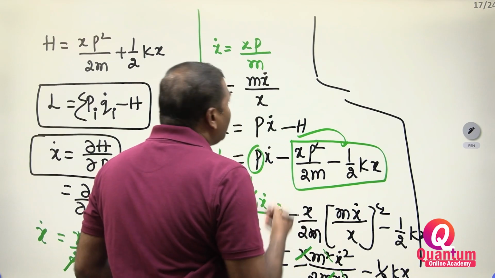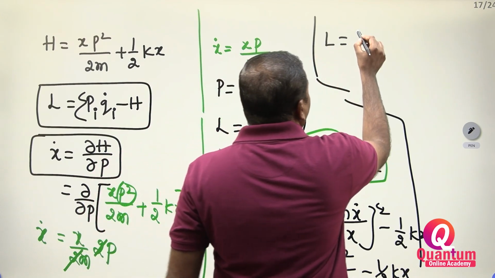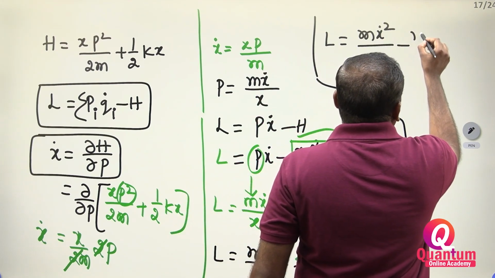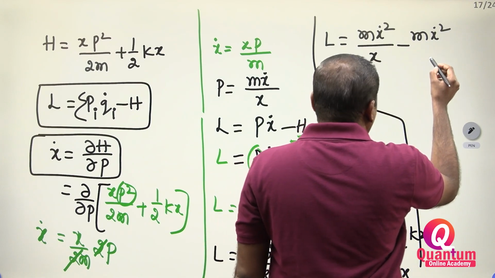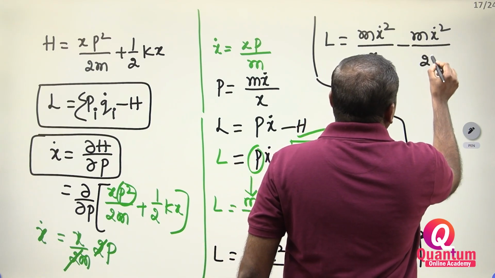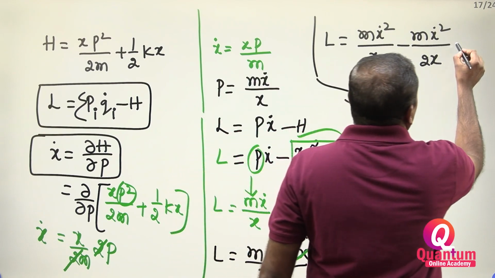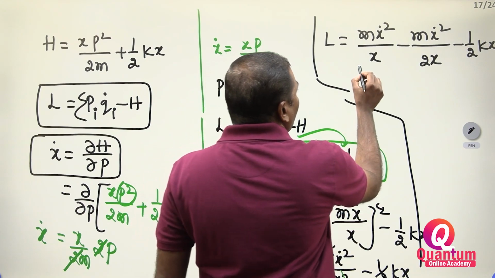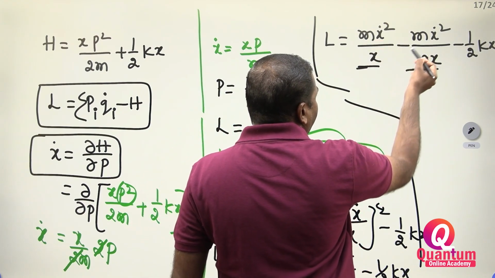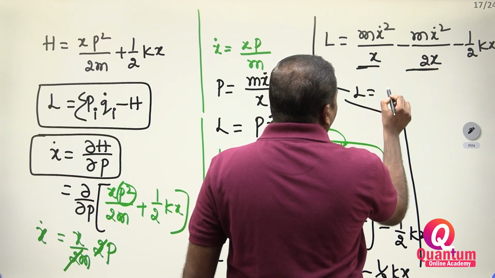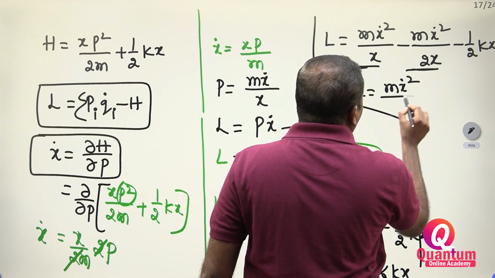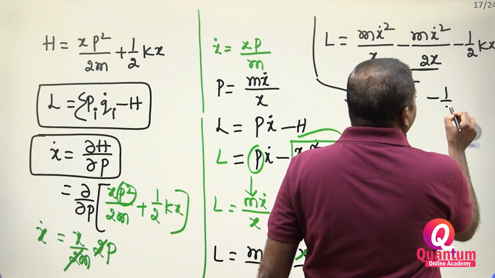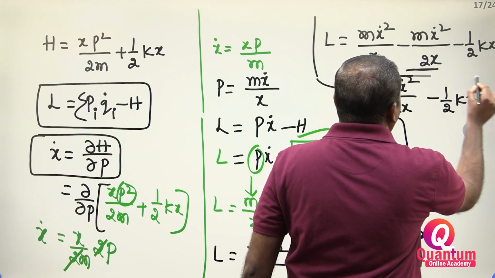L = mẋ² − mẋ²/2 − 1/2 kx. Therefore, you have to subtract this value: 1 − 1/2 is equal to 1/2. Therefore, L = mẋ²/2 − 1/2 kx. This is the L value.